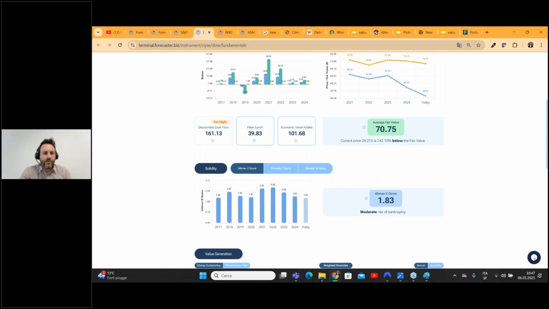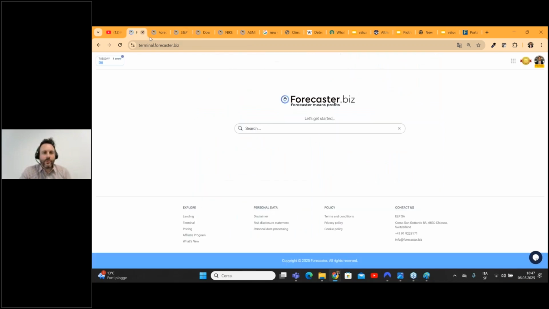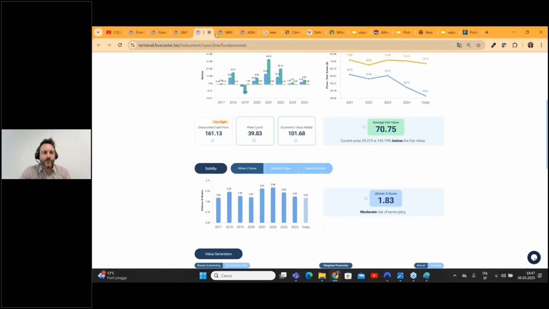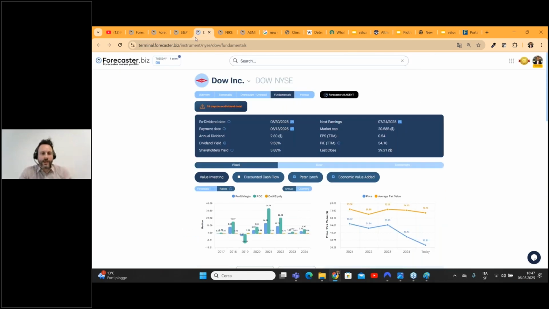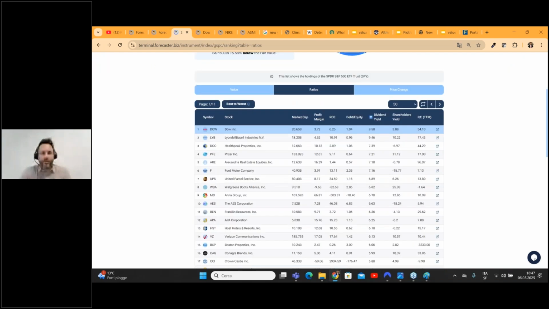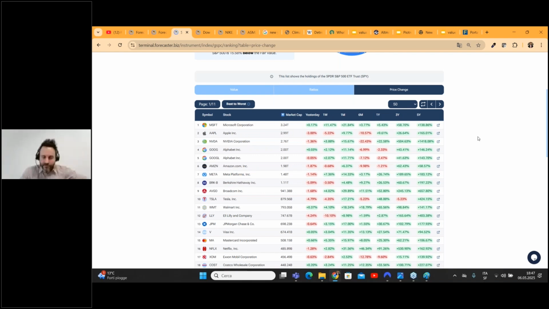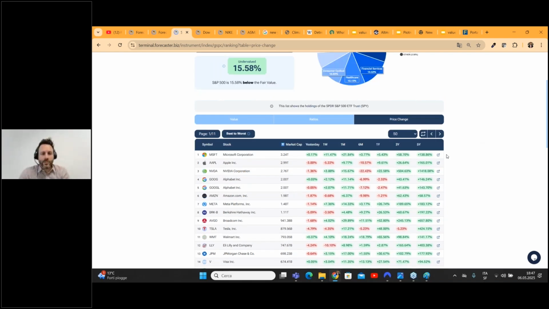I mean, you can go here to the ranking page. Where is it? The ranking page, and you can create all the lists you want in order to find the company to analyze. Something very interesting also, you can rank the stocks for a specific index, for a specific sector, for a specific industry, also for the stock performance.